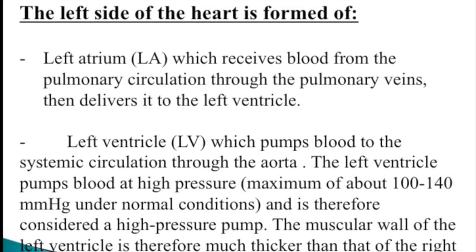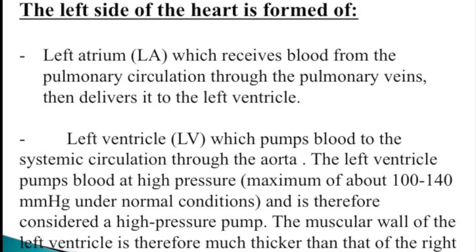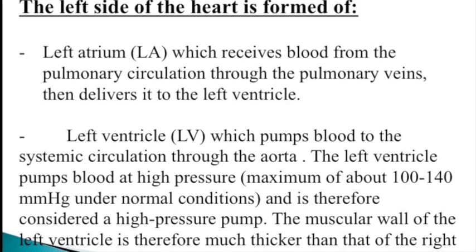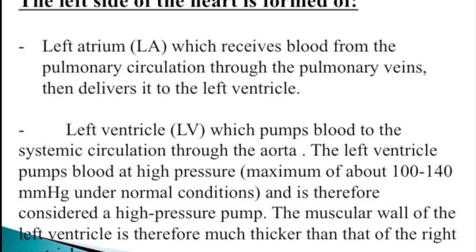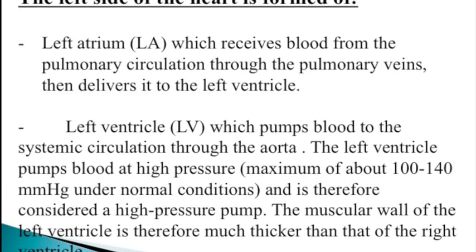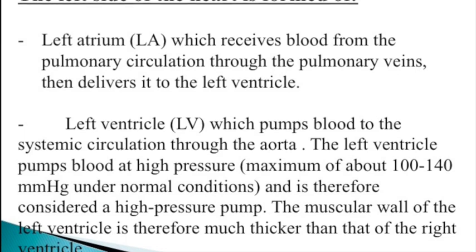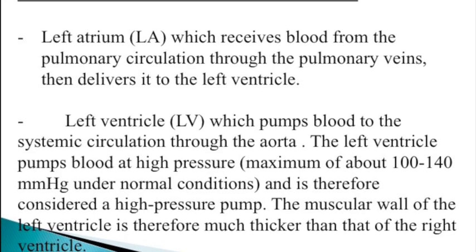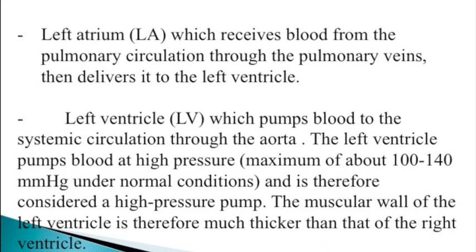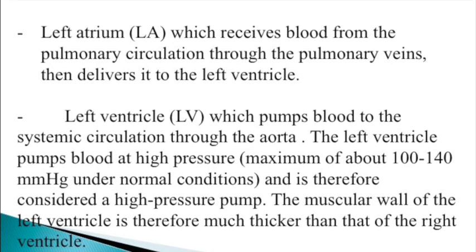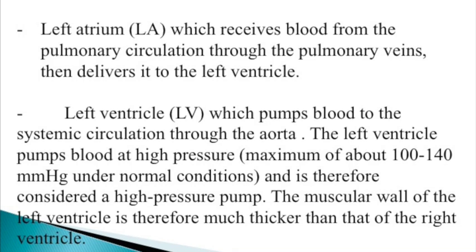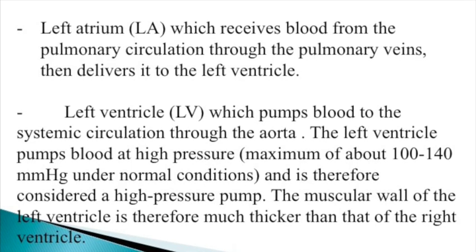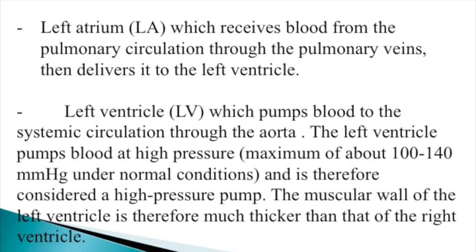The left ventricle pumps blood at a high pressure, a maximum of about 100 to 140 millimeters of mercury, and is therefore considered a high pressure pump. Therefore, the muscular wall of the left ventricle is 3 times thicker than that of the right ventricle, because it acts against high resistance pressure.